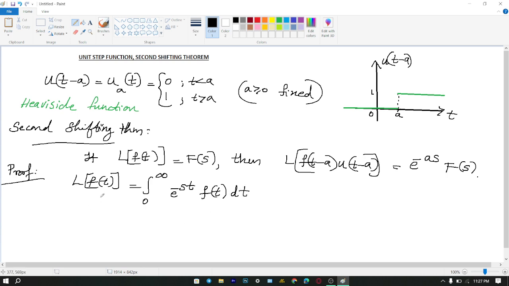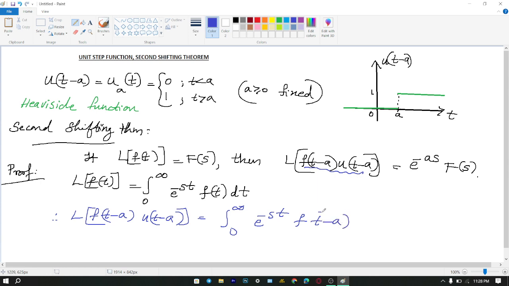Now, instead of f of t, we consider f of t minus a, u of t minus a. Therefore, L of f of t minus a, u of t minus a is equal to the integral from 0 to infinity e raised to minus st f of t minus a into u of t minus a dt.